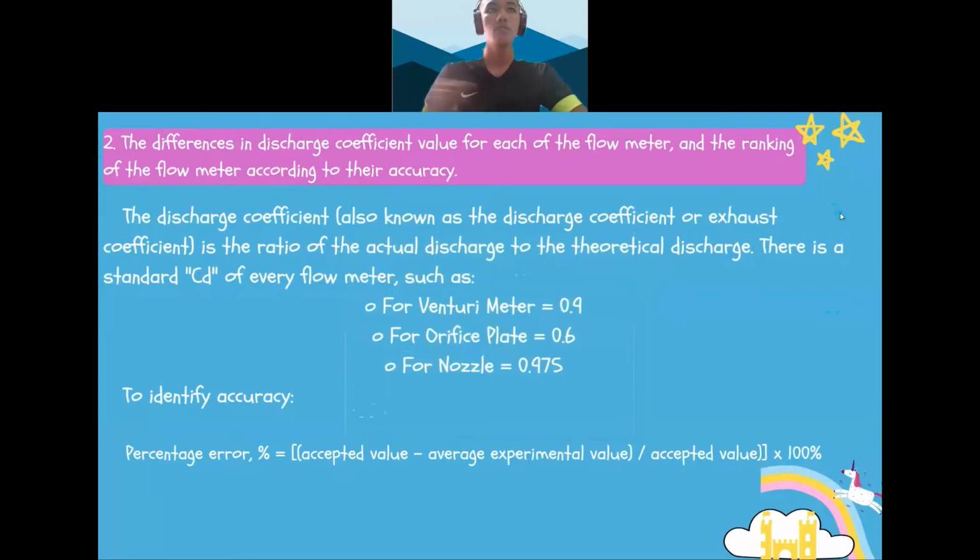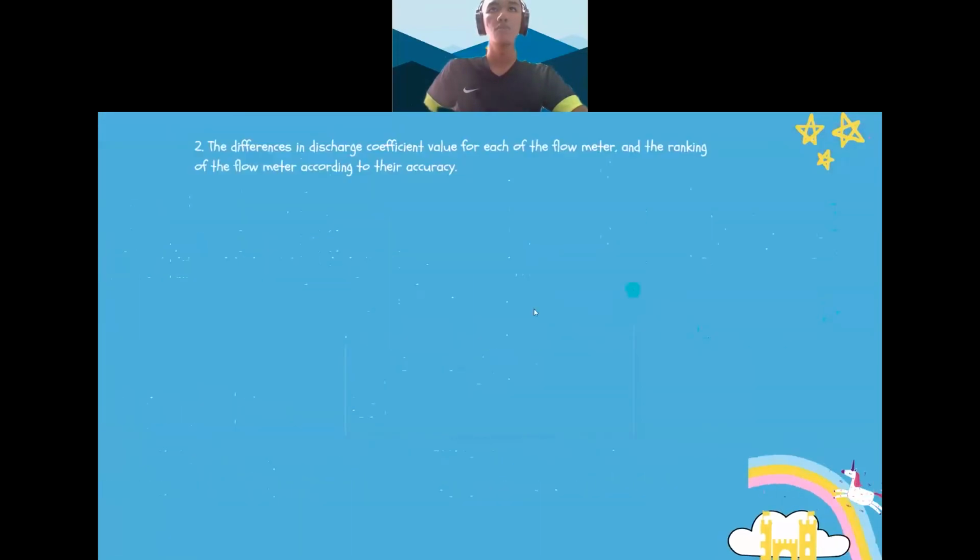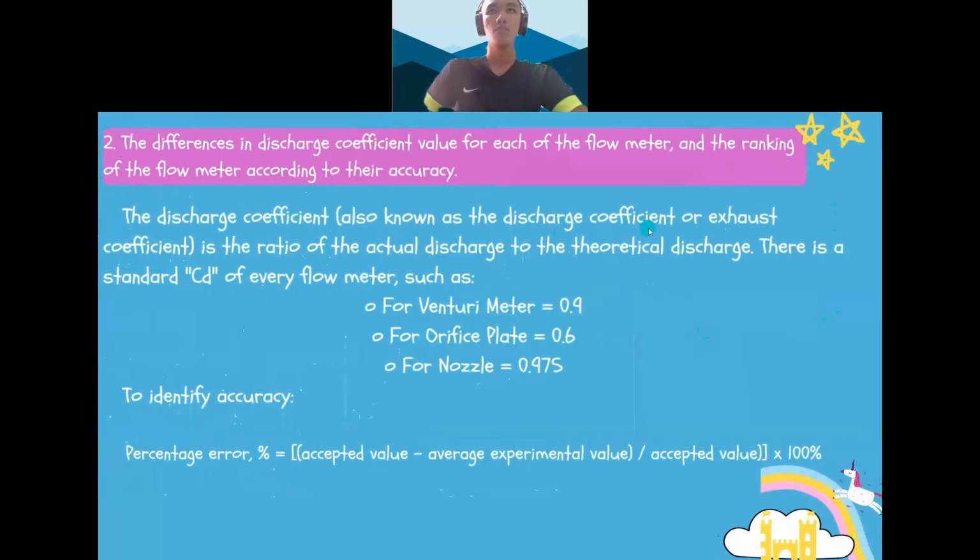Okay, the second discussion is about the difference in discharge coefficient value for each of the flow meters and the ranking of the flow meters according to accuracy. The discharge coefficient, also known as the exhaust coefficient, is the ratio of the actual discharge to the theoretical discharge.